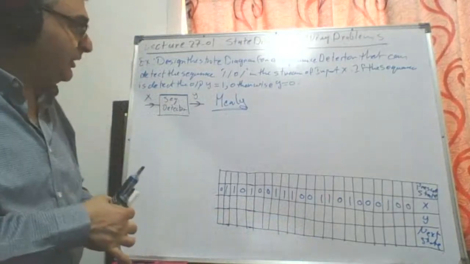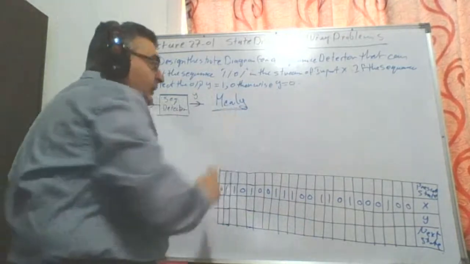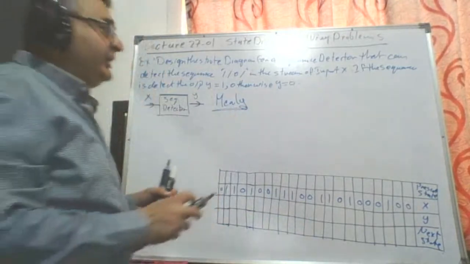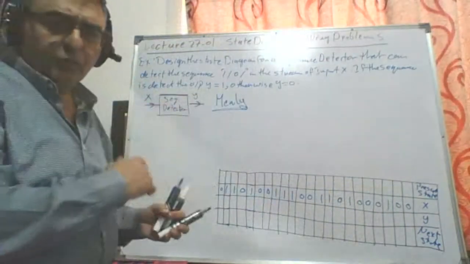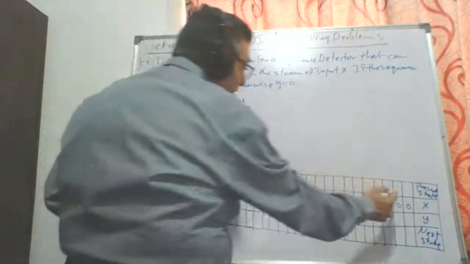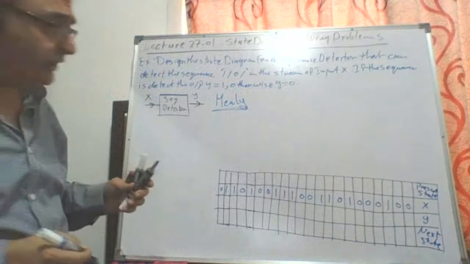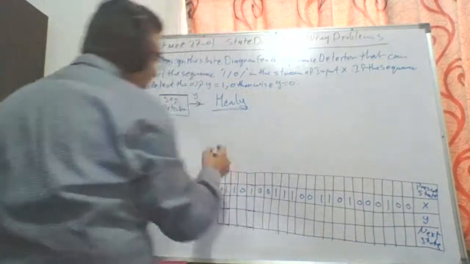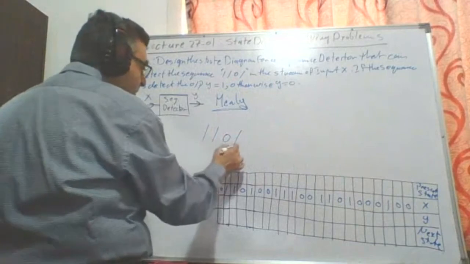Now, as we mentioned before, we agree that we will solve this using Mealy. That means, first of all, let us derive Y before we go to the state diagram. Here I should collect enough history. I am actually looking for the sequence 1 0 1 1 in the input.